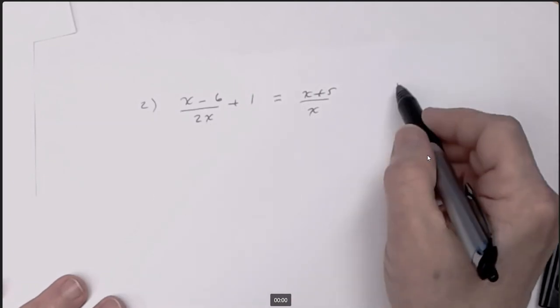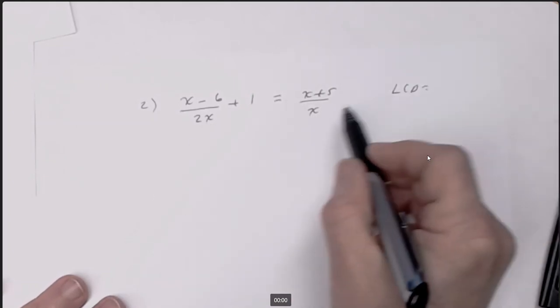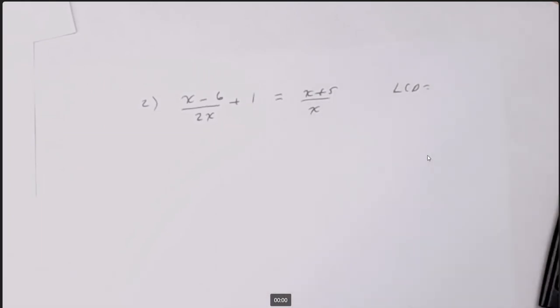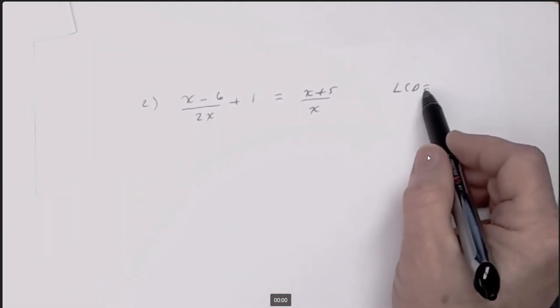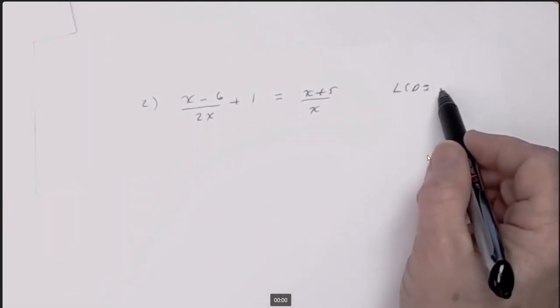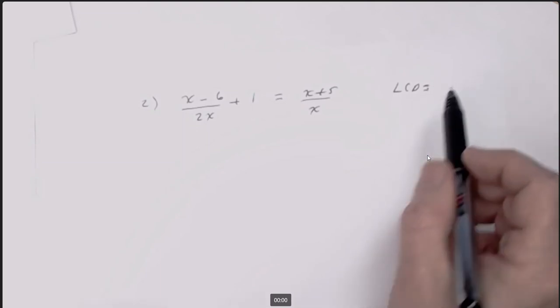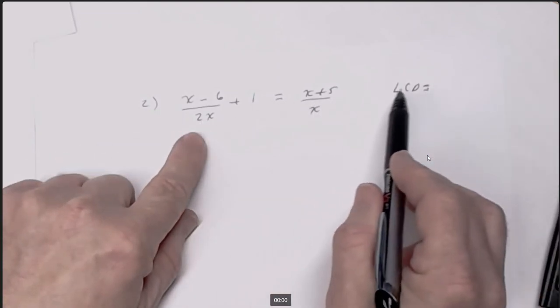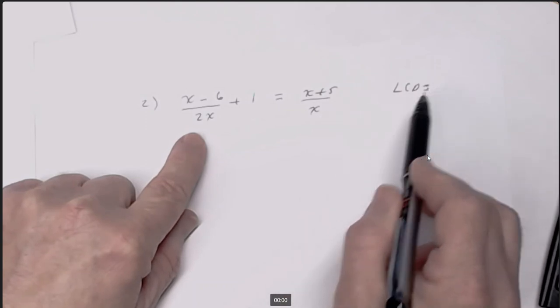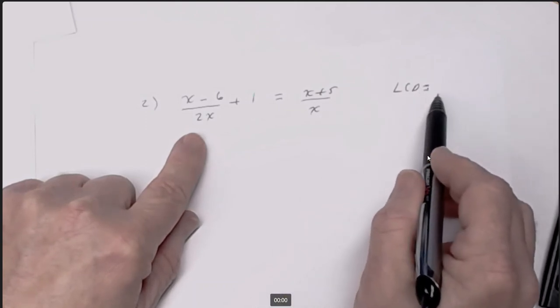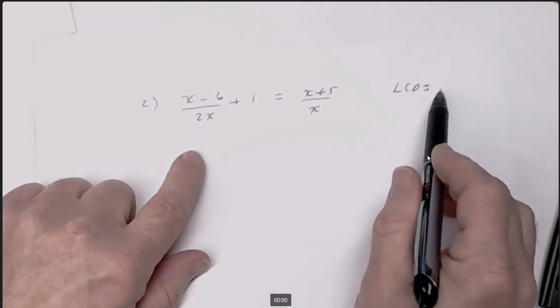So if you look at 2x and x, remember when trying to find the LCD, think about what this needs to be in order for this to be in here and this to be in here. So what do you think this LCD needs to be if you have 2x and x? 2x. Very good.